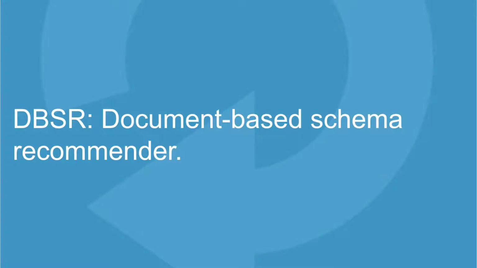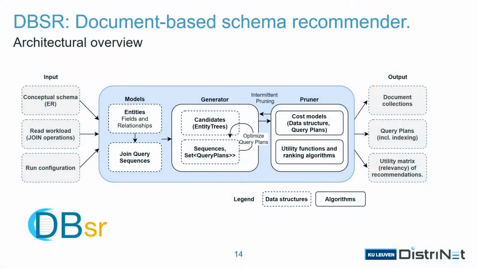So this is why I introduced DBSR, a document-based schema recommender for NoSQL document database systems. If we take a brief glance at the architectural overview of this recommender system, we can see that it takes as input a conceptual schema, so the application's data model, a read workload as a set of join operations, and some runtime configuration parameters which can be specified.